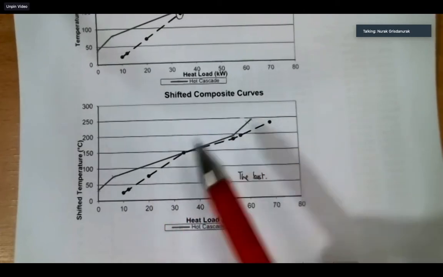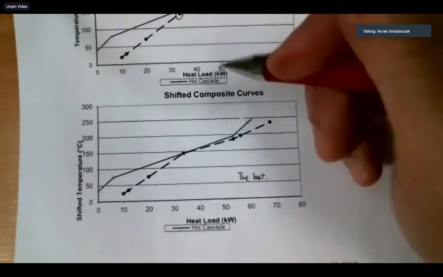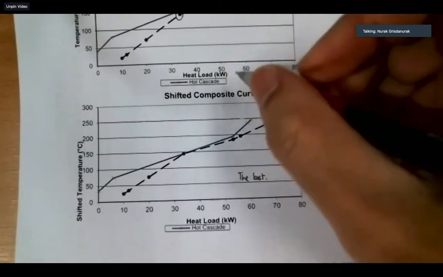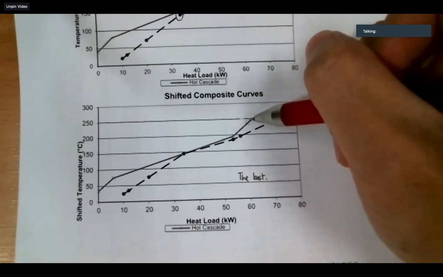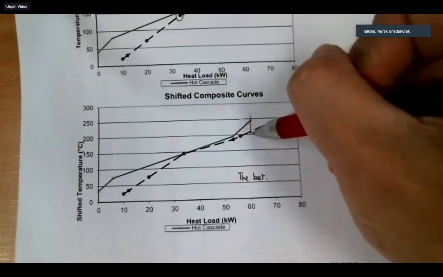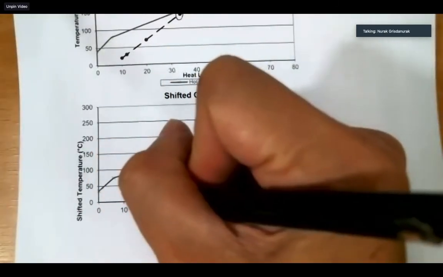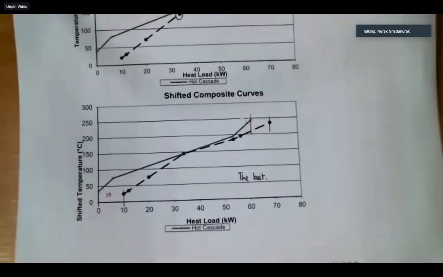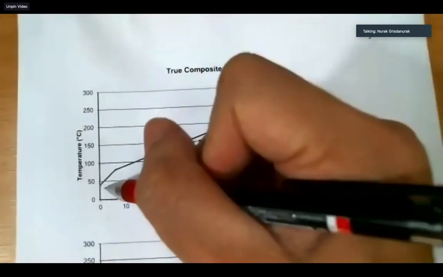Notice, if I have this kind of thing, where is the hot utility? Right there. Where is the cold utility? Right there. Still there: where is the hot utility? Right there. Where is the cold utility? Right there.